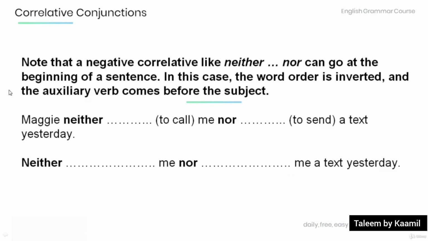Note that a negative correlative like neither nor can go at the beginning of a sentence. Now in this case, remember that the word order is inverted and the auxiliary verb comes before the subject. Now read the following sentences and provide the correct form. Maggie neither to call me nor to send a text yesterday.